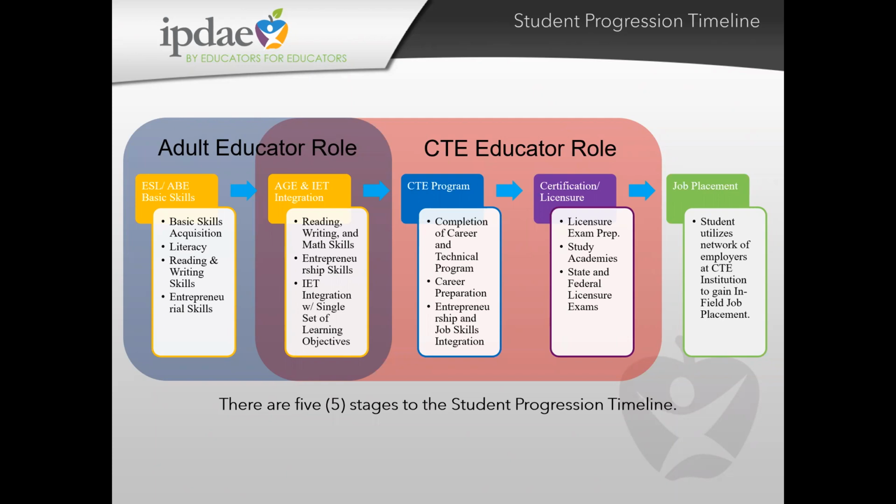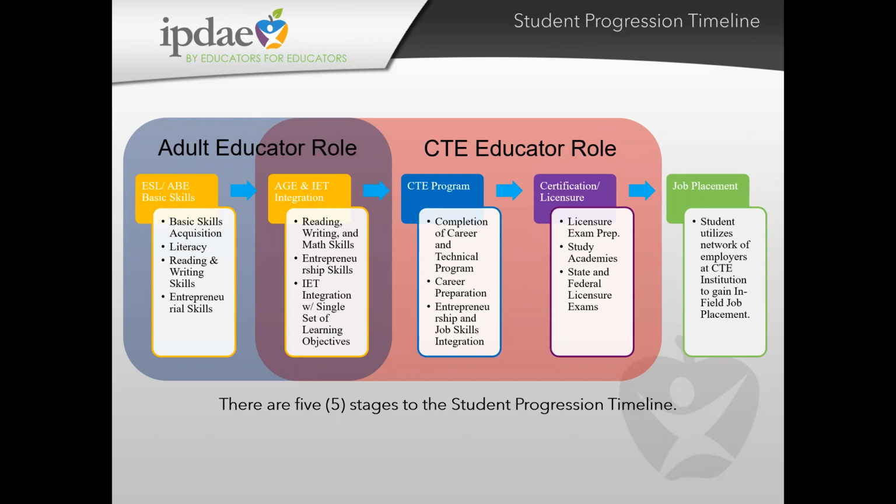And of course, the final stage of the student progression timeline and our ultimate goal is job placement. And as educators, we're heavily invested in the development not only of economic skills, but of fostering a good learning environment, of helping our students develop social emotional learning, and at the end of the day, having the skills to be able to succeed financially, to find in-field job placement.